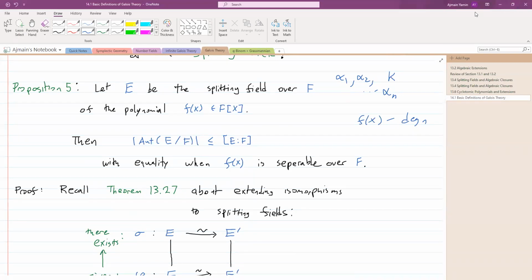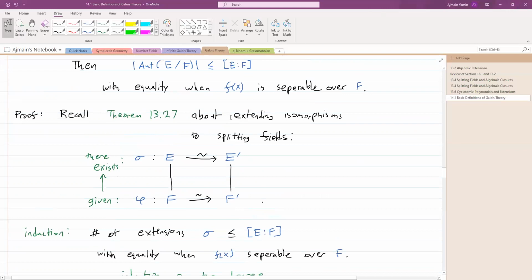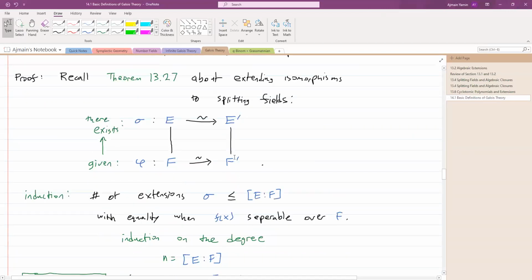That's what separable means. And any irreducible polynomial over the rational numbers is separable, so usually you don't even think about separability.